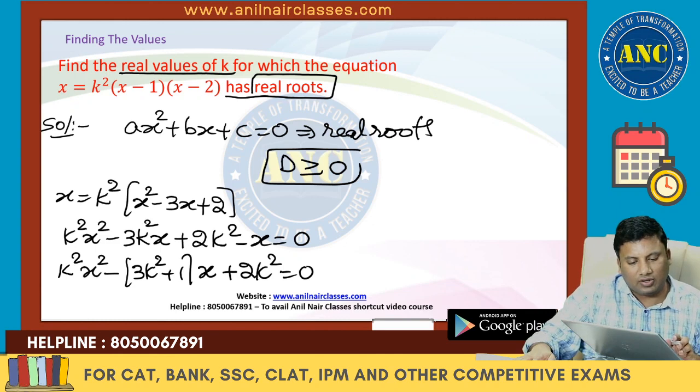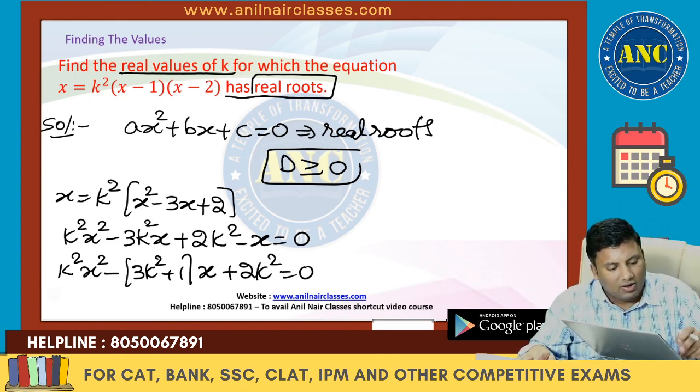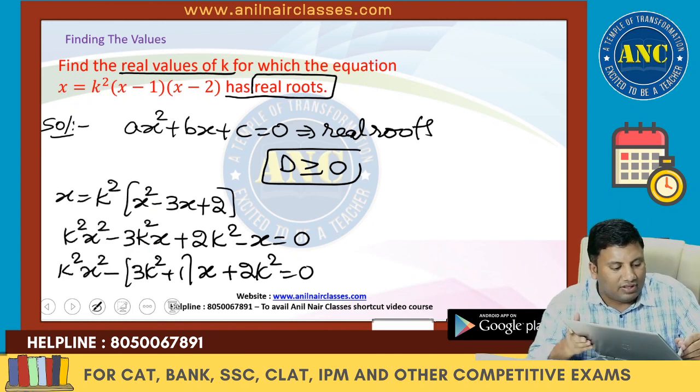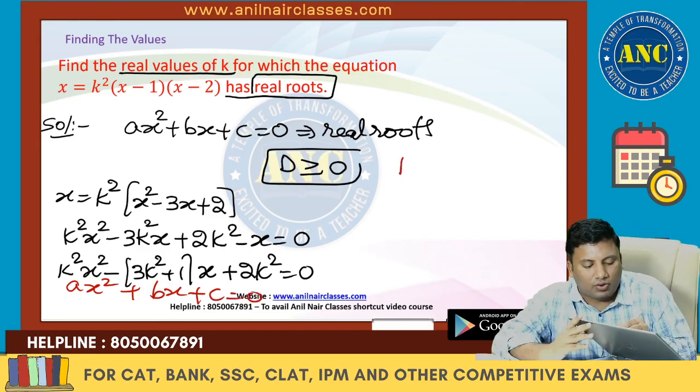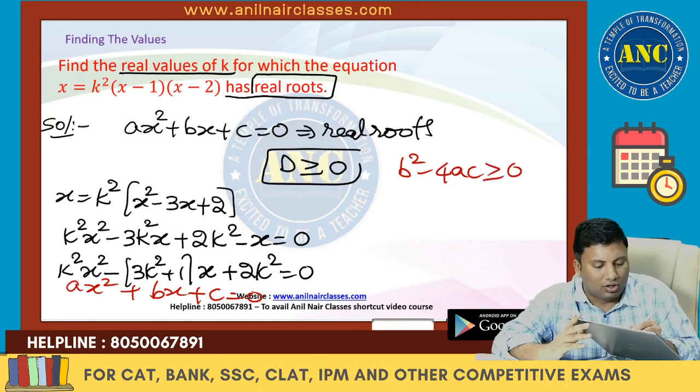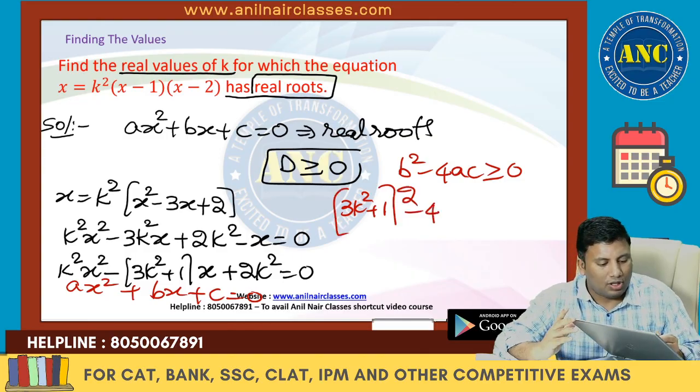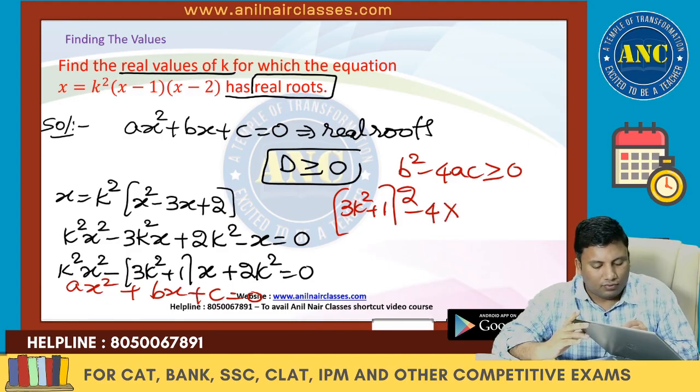K square x square minus of 3k square plus 1. What is this one? This is of the form ax square plus bx plus c equivalent to 0. b square minus 4ac is greater than or equivalent to 0. 3k square plus 1 whole square minus 4 into k square into 2k square greater than or equivalent to 0.